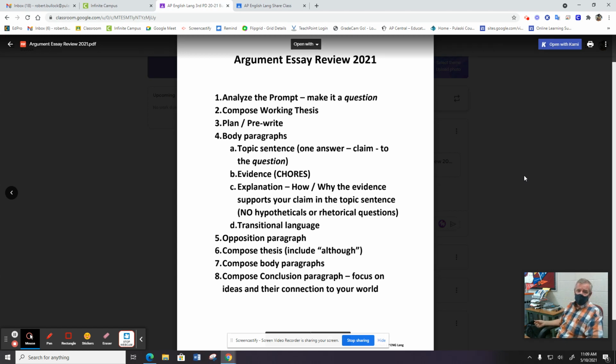Let's go to the body paragraphs. Here's your first answer to the question that you made. That's your topic sentence. Then your evidence. CHORES is one acronym we use. REHUGO is another. You don't have to use any kind of acronym. Just keep in mind that it has to come from your head, folks.